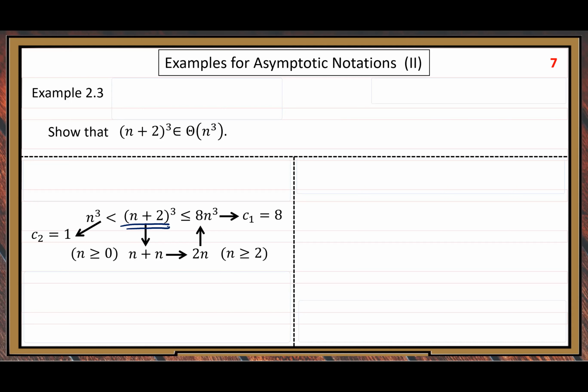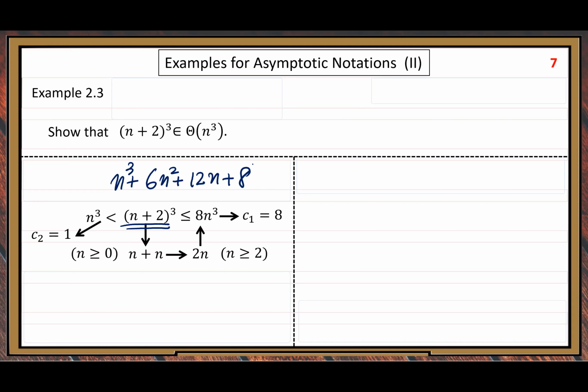They use the a plus b cubed formula to expand it to get n cubed plus 6n squared plus 12n plus 8. But if you expand it, it becomes much harder. Don't do it in this way. You make your life harder.